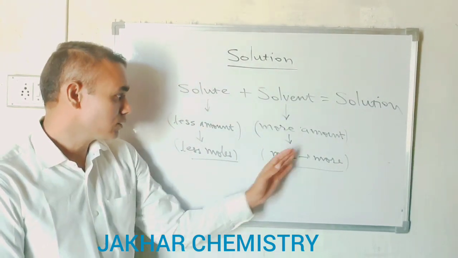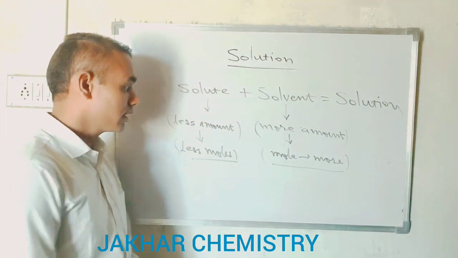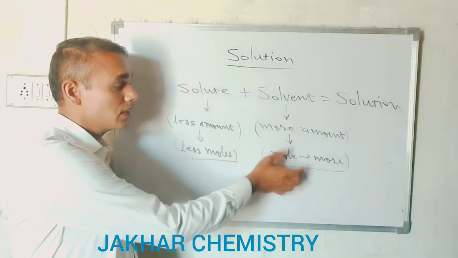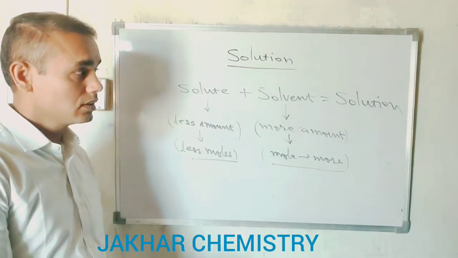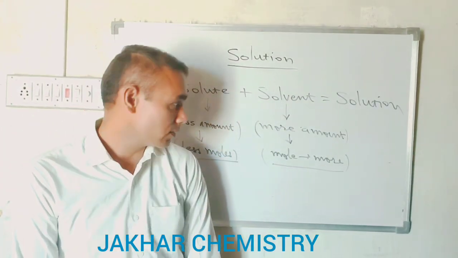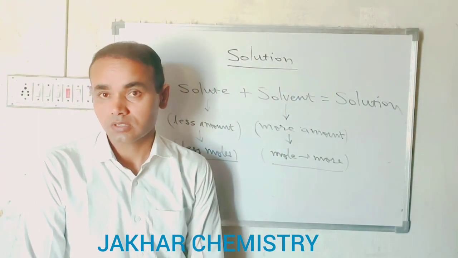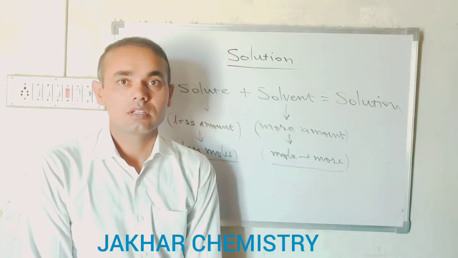So the first criterion is moles. If the number of moles are equal, then we have to see the physical state also. Now another question: if you are having two components and both are having equal number of moles and similar physical state, then we have to see the maximum number of properties of the solution is closer to which component, and that will be the solvent.